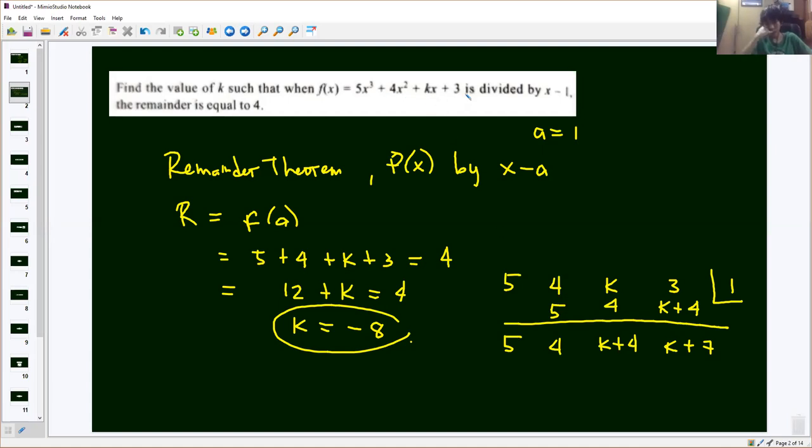The coefficients are 5, 4, k, 3, with 1. 5 times 1, plus 4 is 9, then k plus 9, then 12. So you see k plus 12, the last number, is the remainder, and it should be 4. So you get the same equation, and k is negative 8. But if you recall the remainder theorem, it's easier. Next.